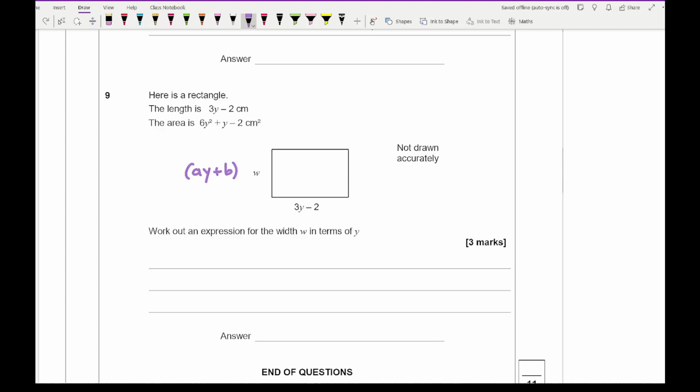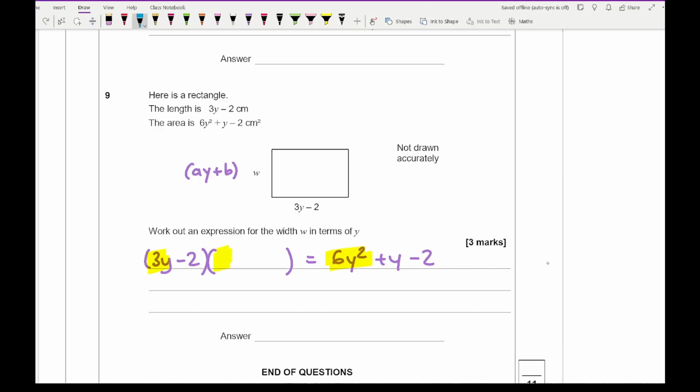Now there's a couple of ways in which we could do this. So if I look at 3y minus 2, and let's say I set up my second bracket, I know this has got to equal 6y squared plus y minus 2. The only way of me getting 6y squared, knowing that one of the terms has got to be 3y, so what do I have to multiply 3y by to get 6y squared?